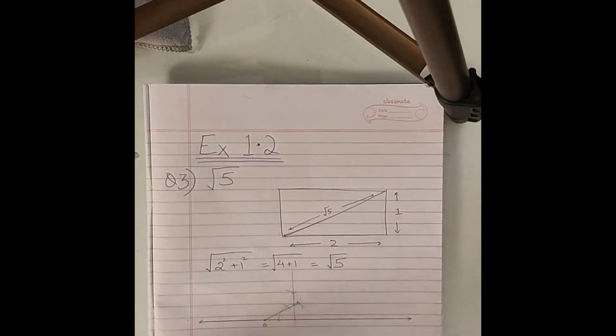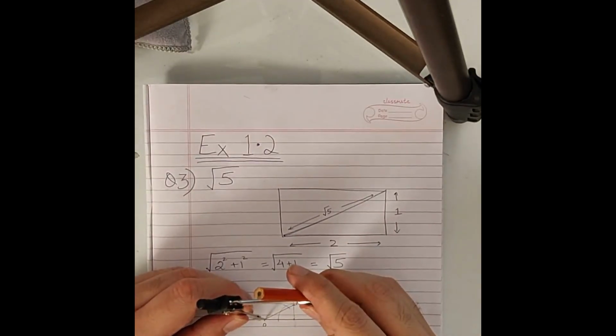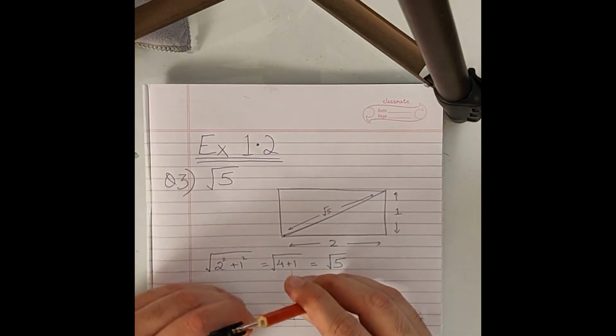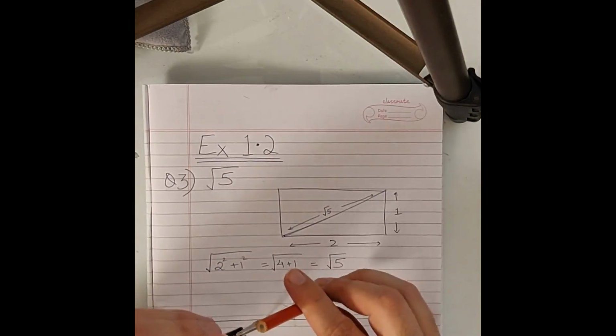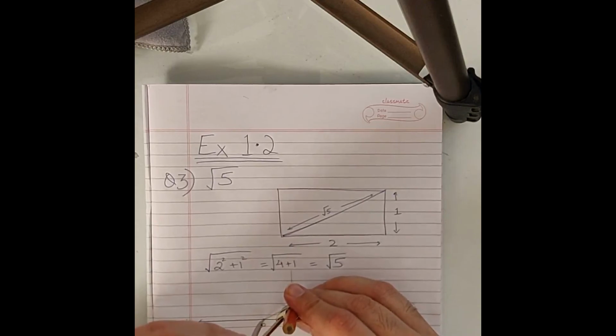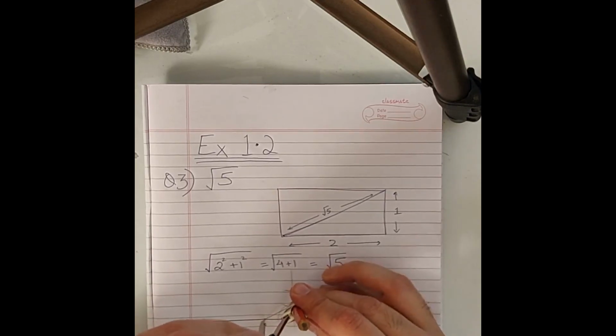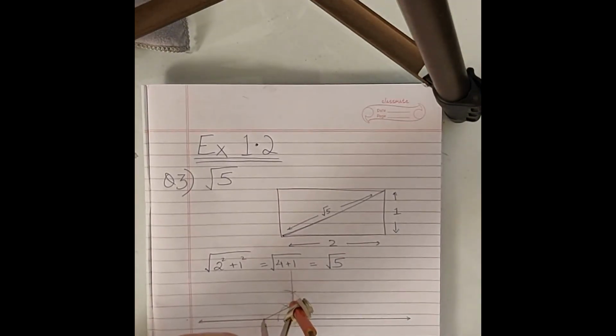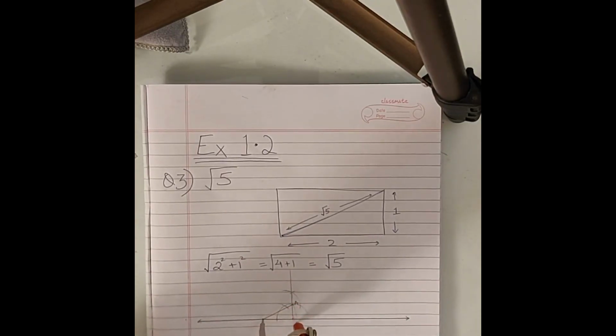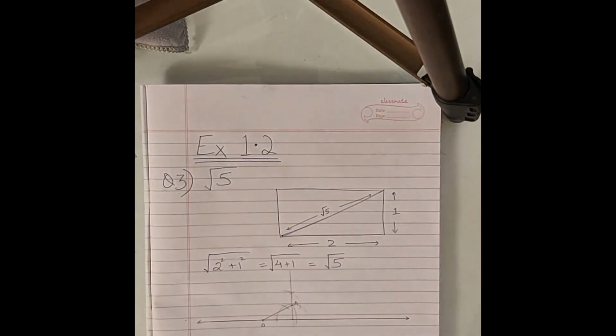And how do I represent it on the number line? I open my compass with center O and length OA, and I simply extrapolate this length on the number line out here. Let me call the intersection of this construction on the number line as B.